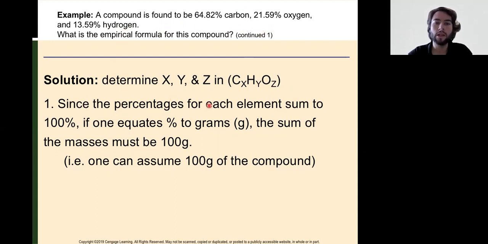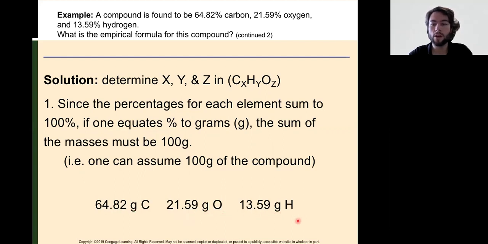Since the percentages for each element sum to 100%, if one equates percentage to grams, the sum of the masses must be 100 grams. So we can assume 100 grams of the compound. This just makes our calculations easier. So we will have 64.82 grams of carbon, 21.59 grams of oxygen, and 13.59 grams of hydrogen.